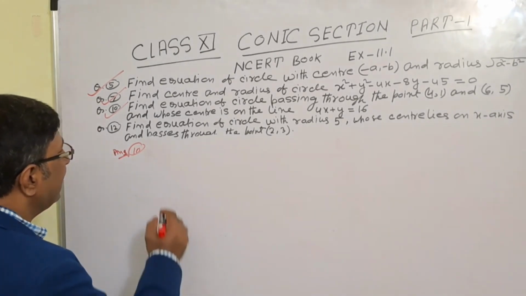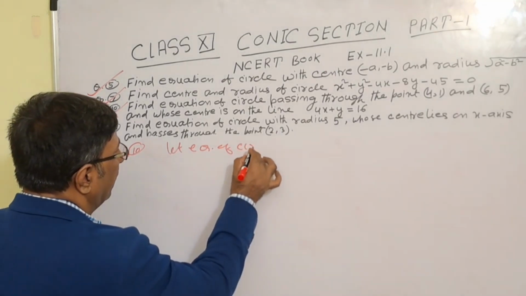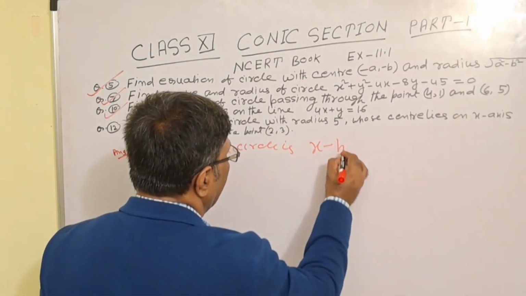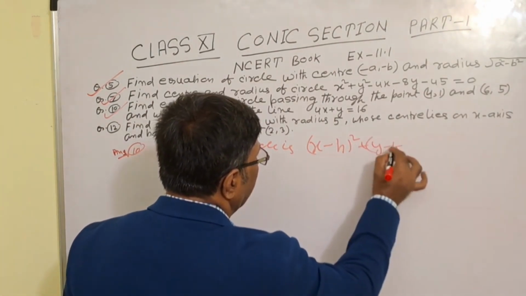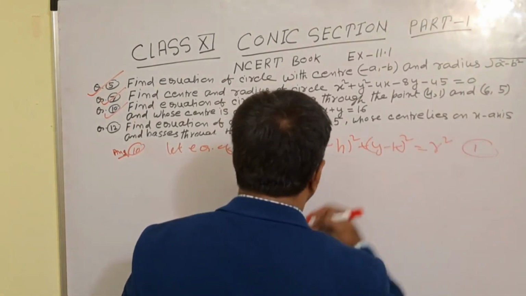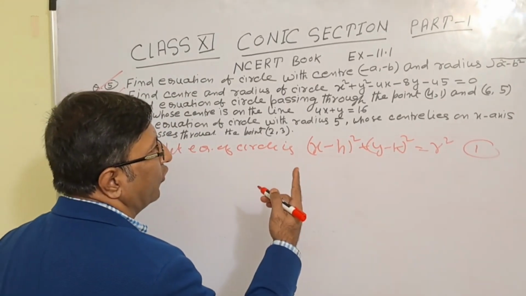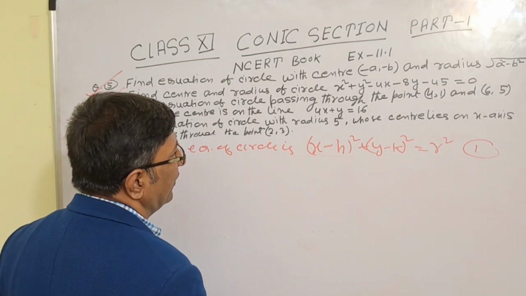So let the equation of circle be (x minus h) whole square plus (y minus k) whole square equals r square, right? Now this circle passes through the points (4, 1) and (6, 5). So it will satisfy the given equation.